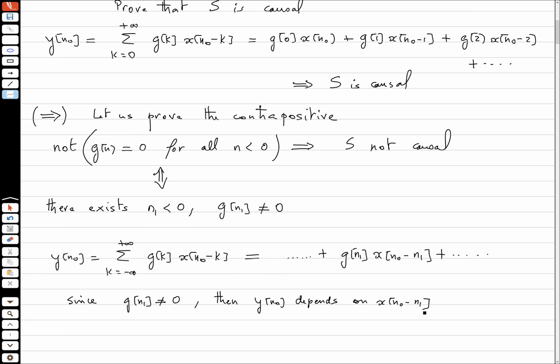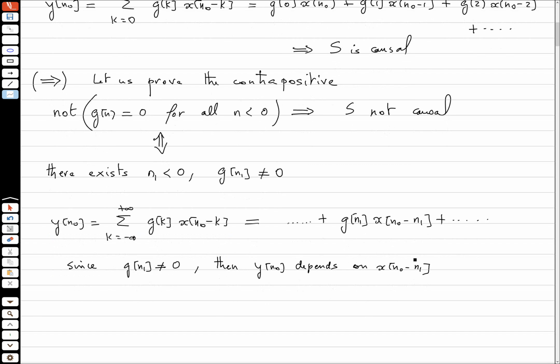You agree with that? All right? The question now is: n naught minus n1, is it the past or the future of n naught? Is it past or future of n naught?